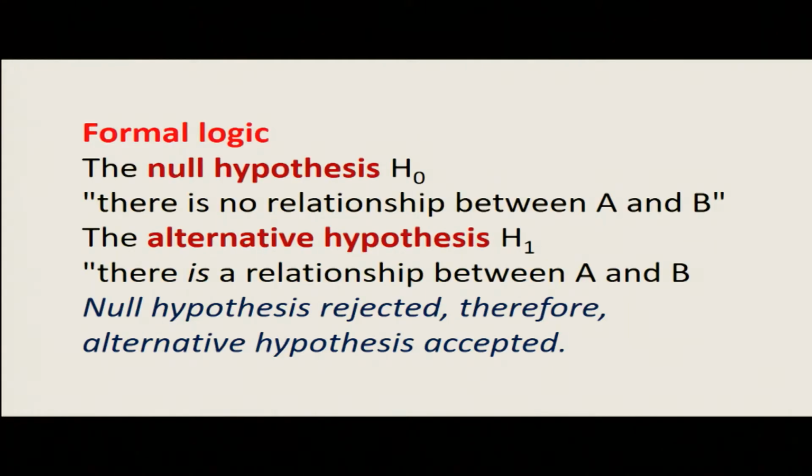Or you can use formal logic, in which we state a null hypothesis called H0, which says that regarding a causal relationship, there is no relationship between variable A and variable B. And then we go out to test that, and when we find that there is a relationship between A and B, then we reject the null hypothesis H0 and we accept the alternative hypothesis H1, that there is a relationship between A and B. So, null hypothesis rejected, therefore the alternative hypothesis must be true and is accepted.